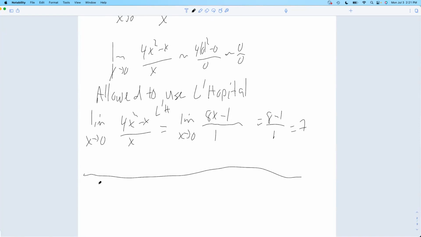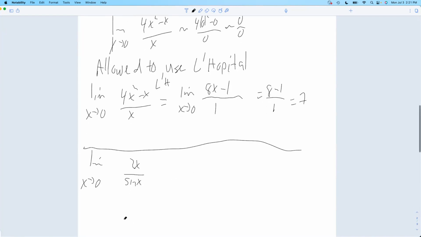Let's try this guy. What if I want the limit as x approaches 0 of 2x over sine of x? Let's check and see what kind of behavior we have. I'm looking for my indeterminate form.